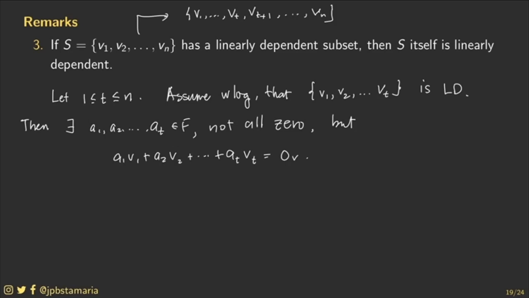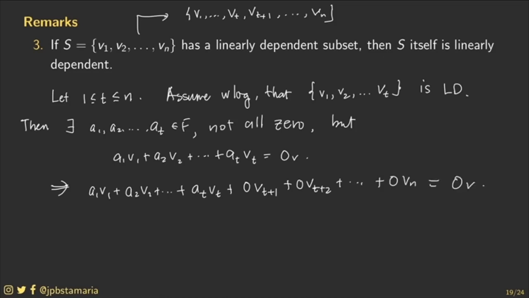In that case, I can just extend this sum into the following. I can just add 0 Vt plus 1, 0 Vt plus 2, and all zeros at the end till I get 0.